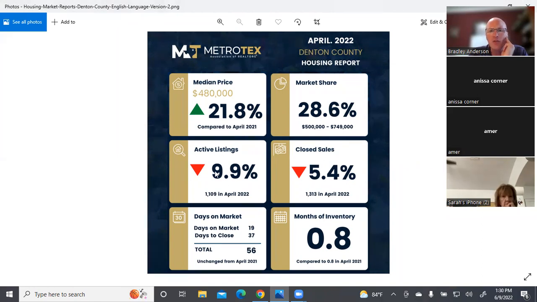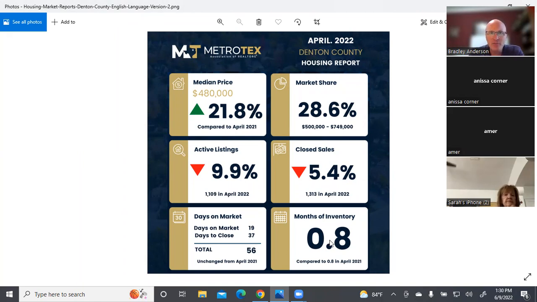But the other statistics are equally as important. How many active listings there were. So it went down 10% as compared to same month last year. Closed sales down 5.4. I want to explain this. Months of inventory.